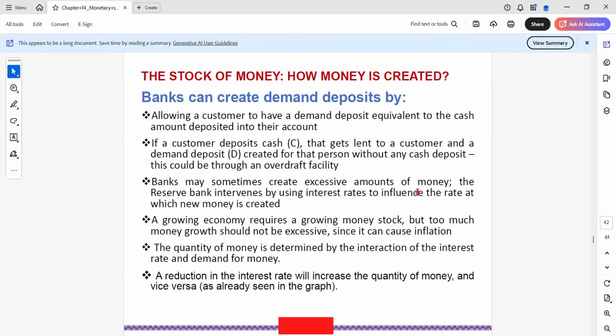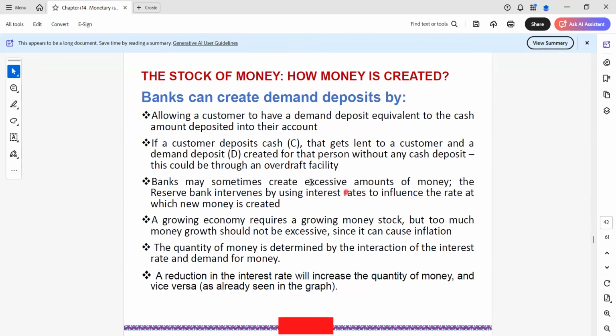Remember that commercial banks keep their funds with the South African Reserve Bank, so they are also charged what? Interest, which is called what? The repo rate. So if the South African Reserve Bank wants to influence the interest rate, they will use the repo rate, or the repurchase rate, which is the interest rate that is charged to our commercial banks.